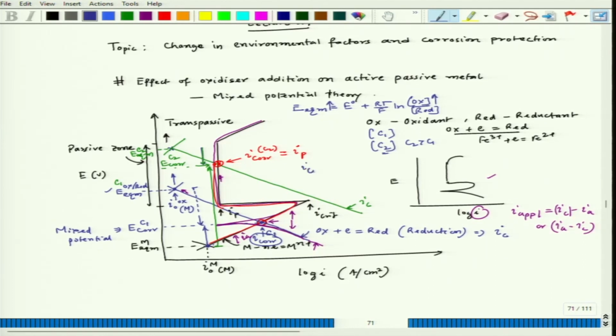So, definitely I core corresponding to C2 is less than I core corresponding to C1 concentration for the oxidant, because in case of C2 the polarization line cuts the anodic part in the passive zone, and it crosses the I critical also. Since it crosses I critical, no unstable passivity will be achieved, it will achieve stable passivity.